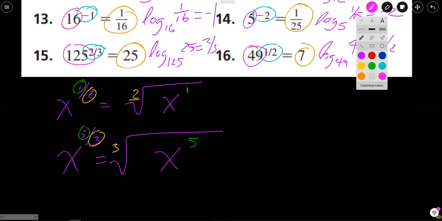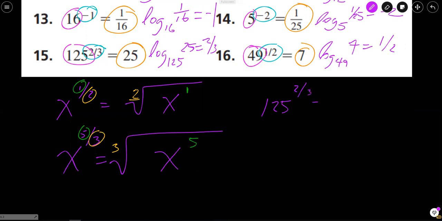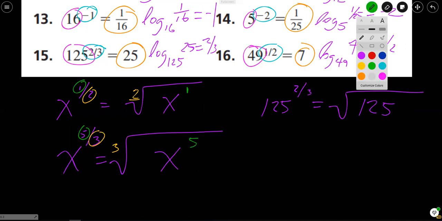So if I'm thinking about number 15, that's saying, well, basically 125 to the 2/3 power. That's effectively saying 125 squared.